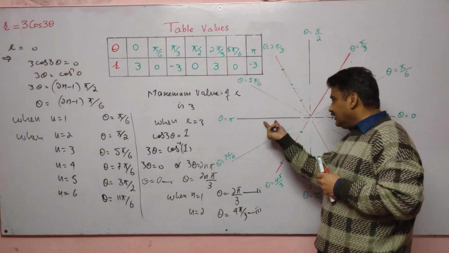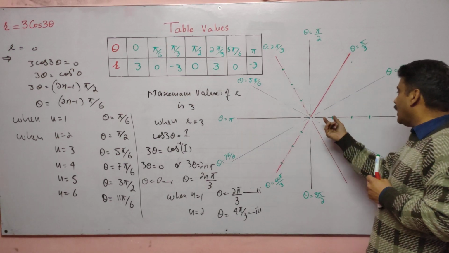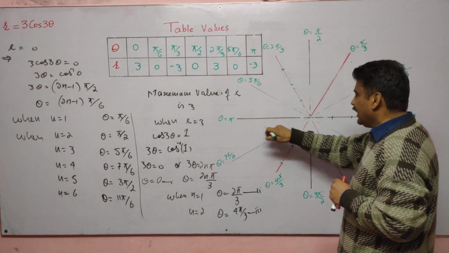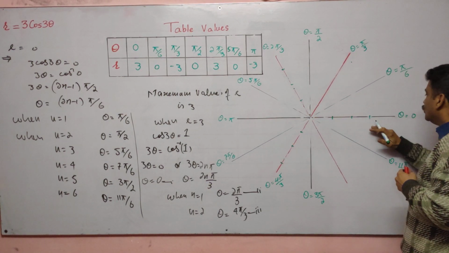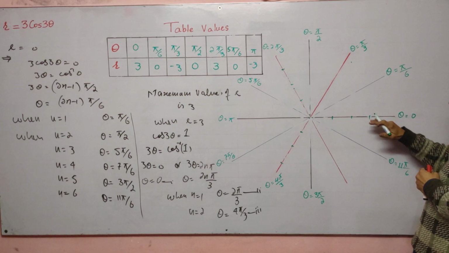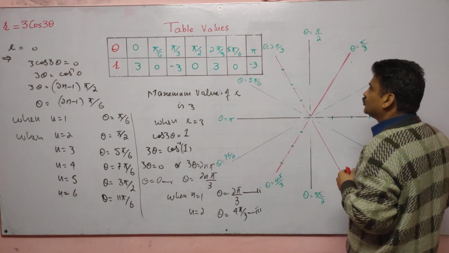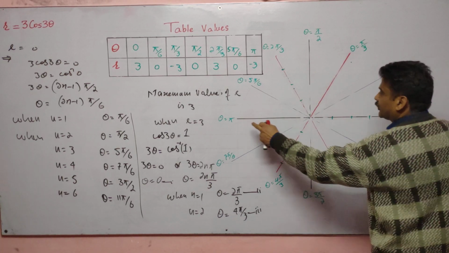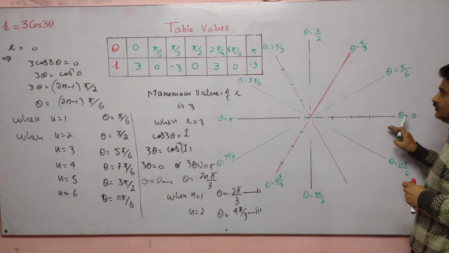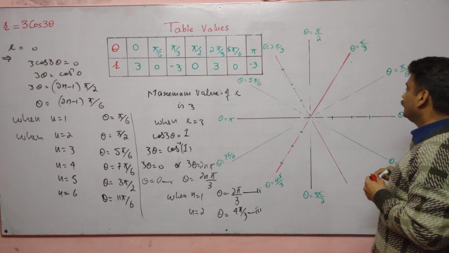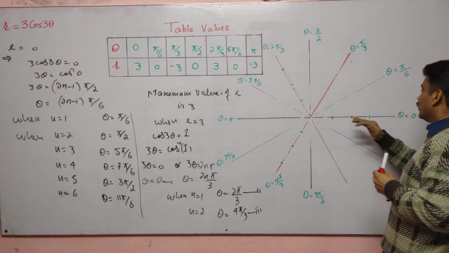This is the direction of pi, and this is the direction opposite to pi. When the value of r is negative, we should take the negative value of r opposite to the direction of pi, which is this direction. We should take negative r on this line.